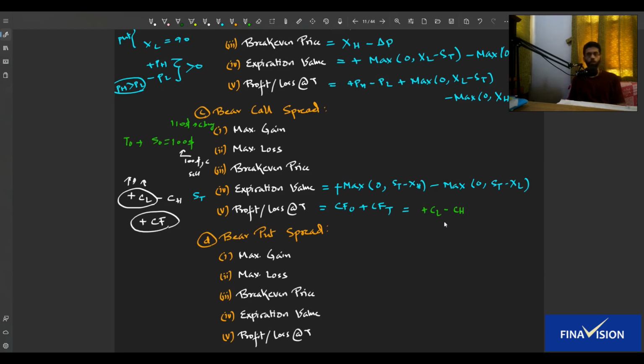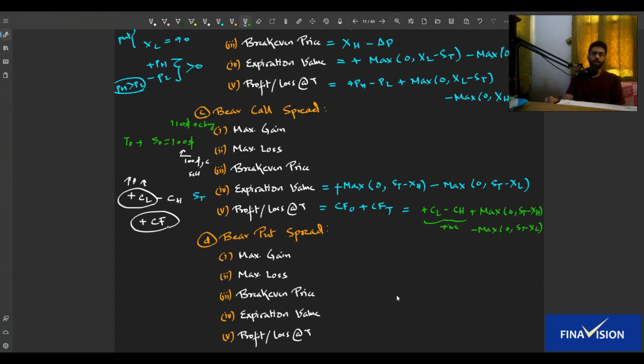CL is the ATM call, so this is larger in value, so this is a positive value here. And the rest of the value is coming from the expiration value. So this is plus max of 0 and ST minus XH minus max of 0 and ST minus XL, right? This is the value at expiration.